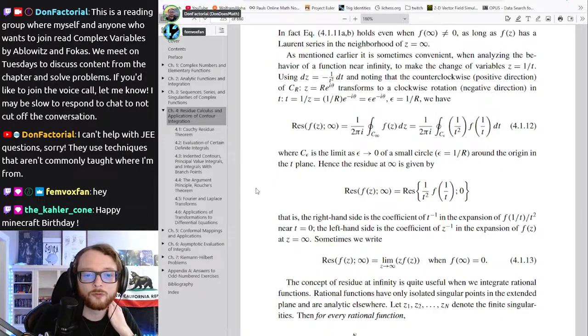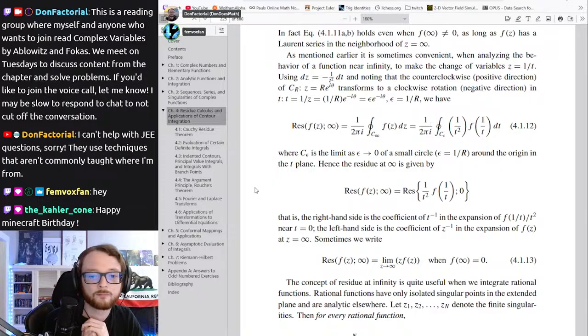They do a change of variables, so the infinitely large circle becomes an infinitely small circle centered at 0. The right-hand side is the coefficient of t inverse in the expansion of f of 1 over t squared near t equals 0. The left-hand side is the coefficient of z inverse in the expansion of f of z at infinity.